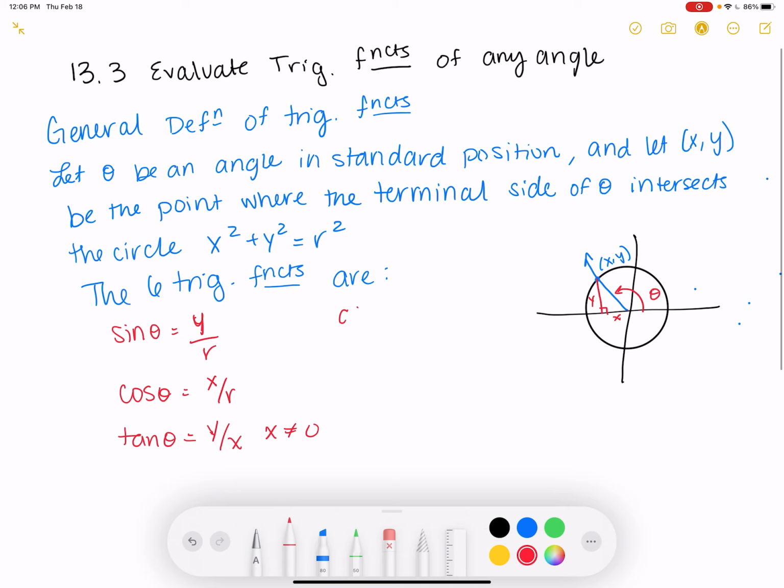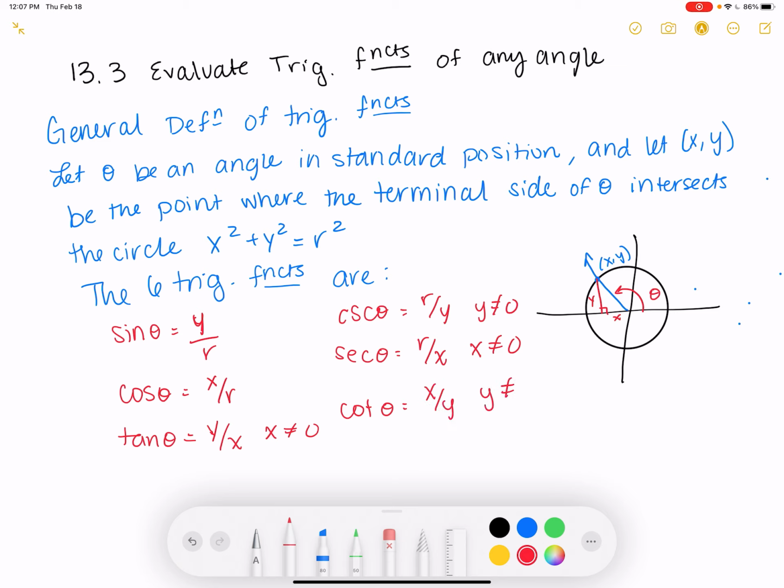Cosecant of theta is r over y, so y is not equal to 0. Secant of theta is r over x for x not equal to 0, and cotangent of theta is x over y for y not equal to 0.